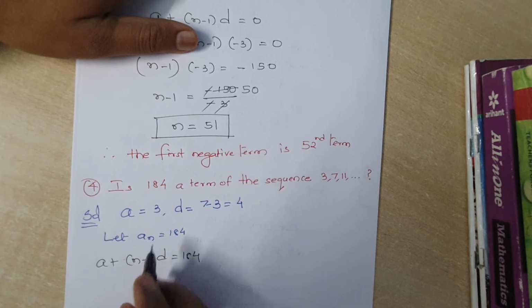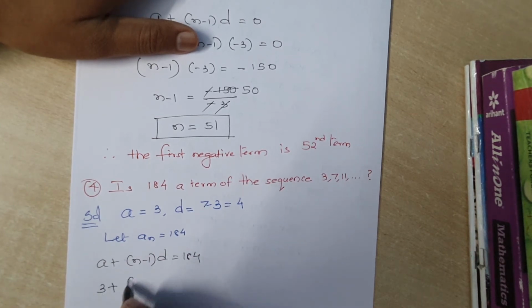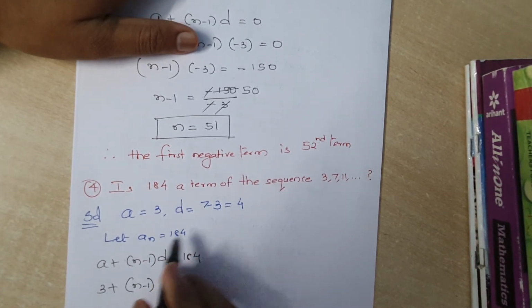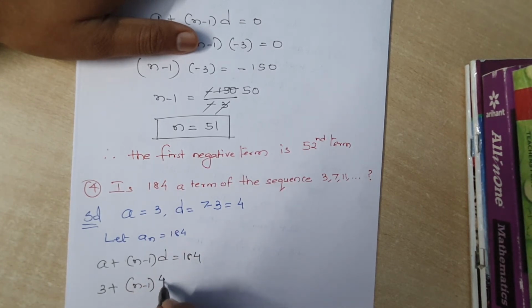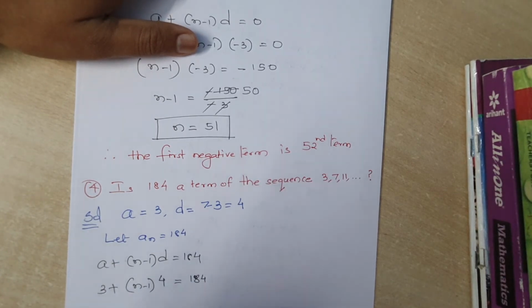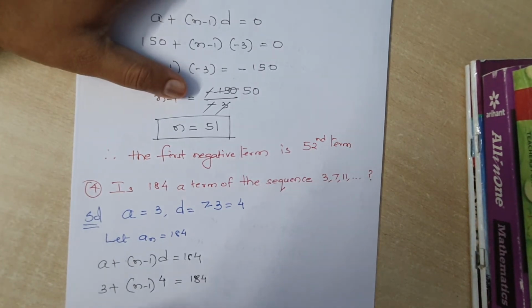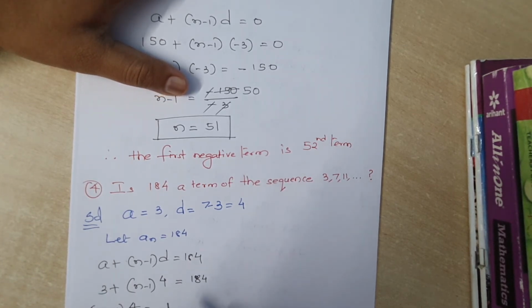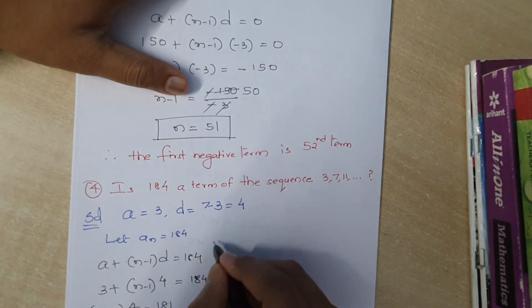A is 3 plus so if we take 3 over here, it will become 184 minus 3. So here it will be n minus 1. It will be 180. I can write directly 181 because 184 minus 3 is 181. Now 4 will go here. Then what will happen? Let us see.